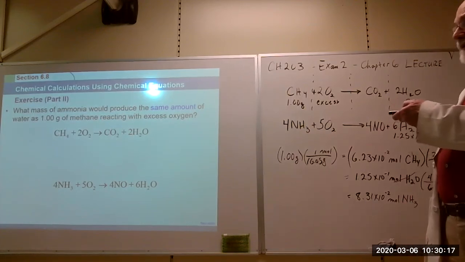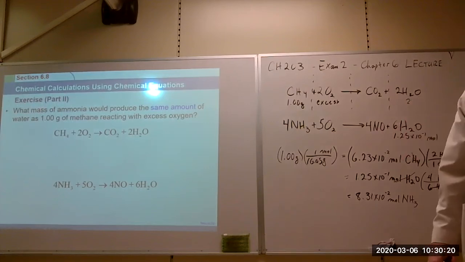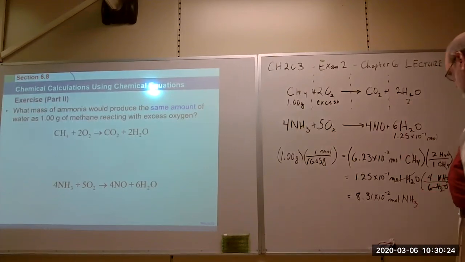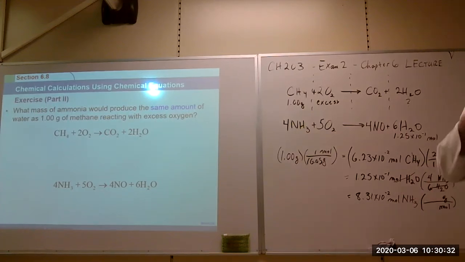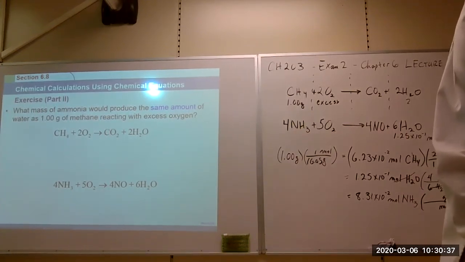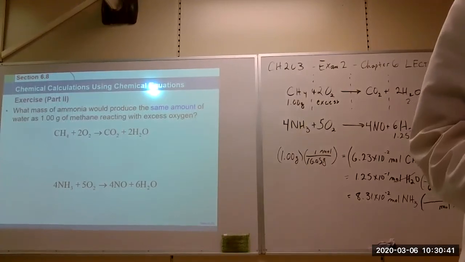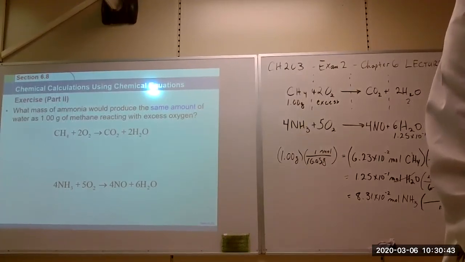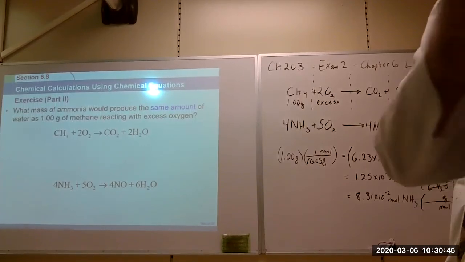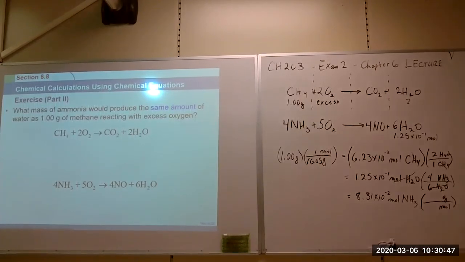We're almost there. Mass of ammonia. How do we get mass of ammonia out of moles? Molar mass. Now you need a conversion that will take you from moles to grams of ammonia. So we need the molar mass of ammonia, which is 14.01 plus 3 times 1.01, 3.03, 17.04.